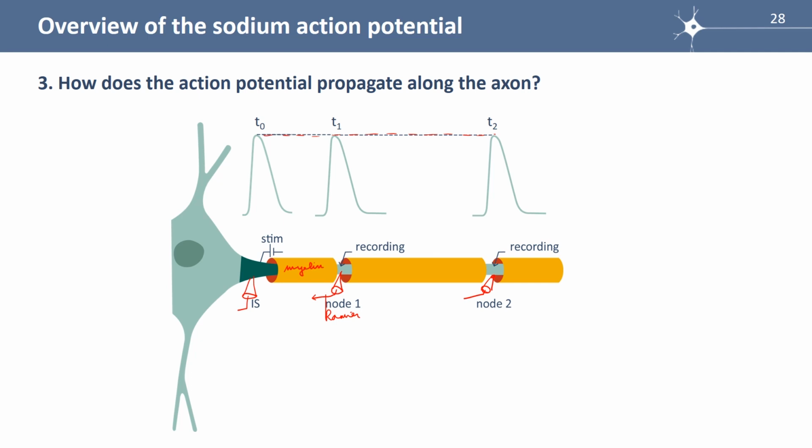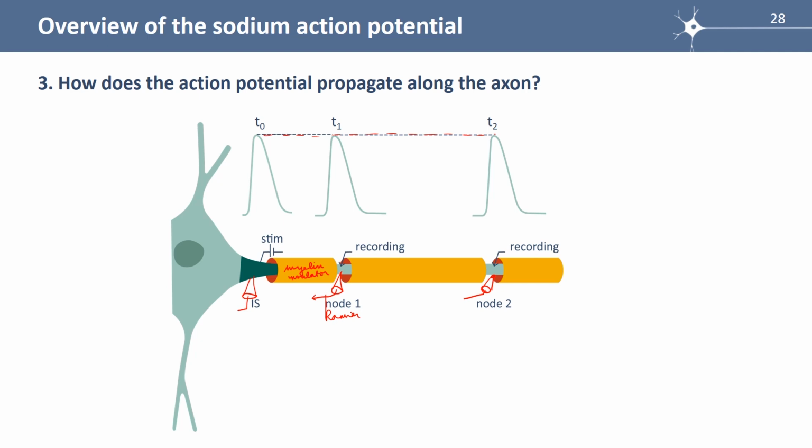Most of the axons are wrapped up with a myelin sheath, which is made up by glial cells and contains a lot of lipids. So it acts like an insulator, and it prevents current from leaking out of the axon. So when you have an insulator, of course, the propagation is much better.